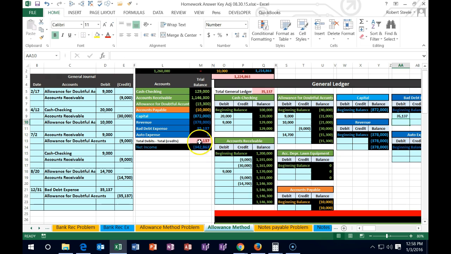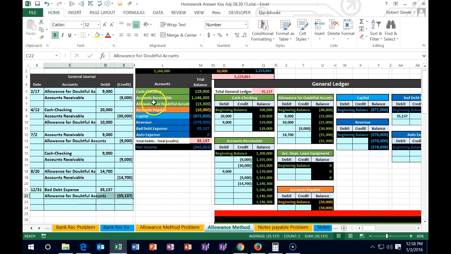Net income went down, meaning net income is the credit of revenue minus that expense. Took it down because we reduced it by the amount of revenue that we don't think we're going to get, that 35,137. Then we're going to post the other side to the allowance account.